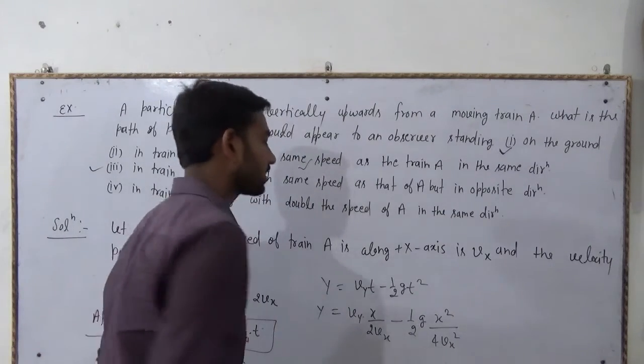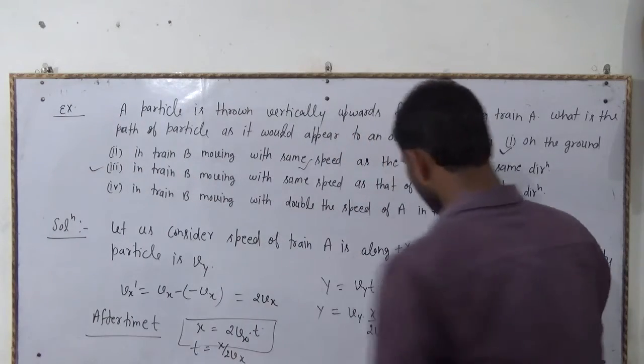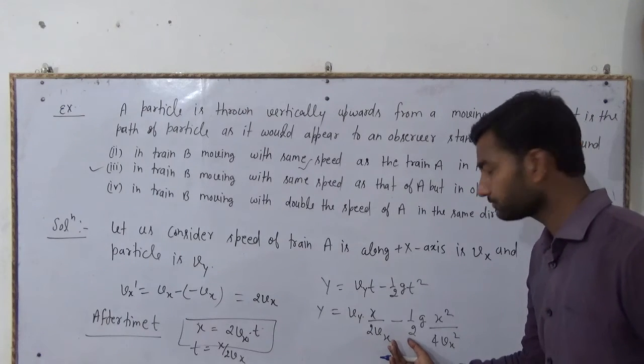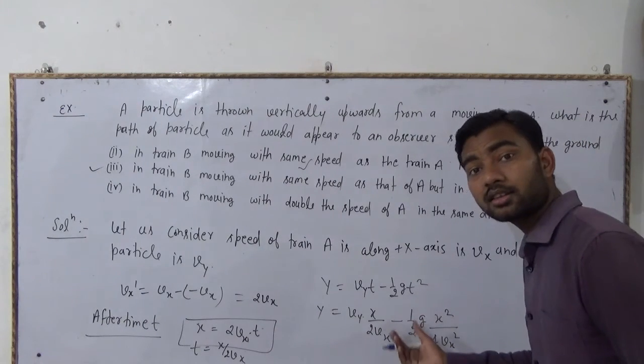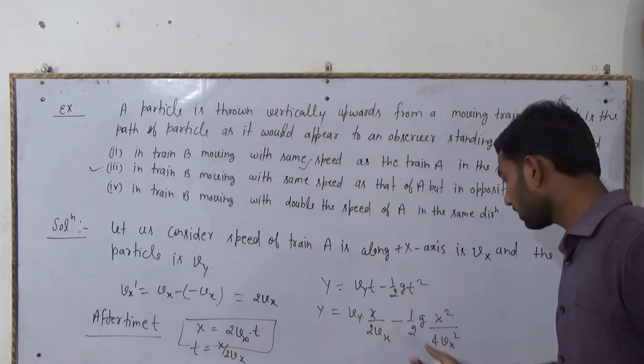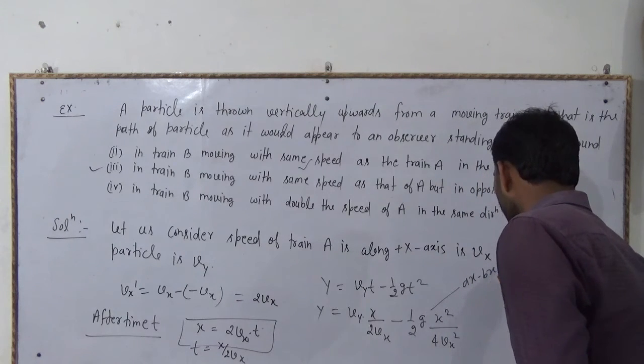It is my final result, and we can see this equation again represents a parabola equation, because it is in the form of ax minus bx square.